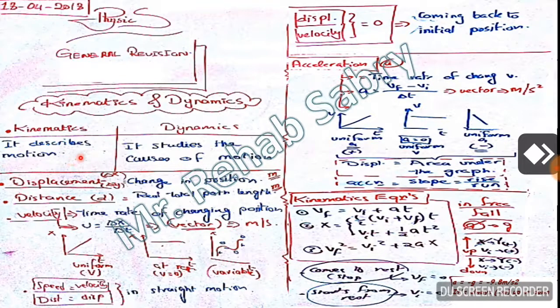So the first quantity in kinematics is the displacement. The displacement may take the symbol delta x or delta y. What is the displacement? The displacement is the change in position. This is the too short form of the definition.